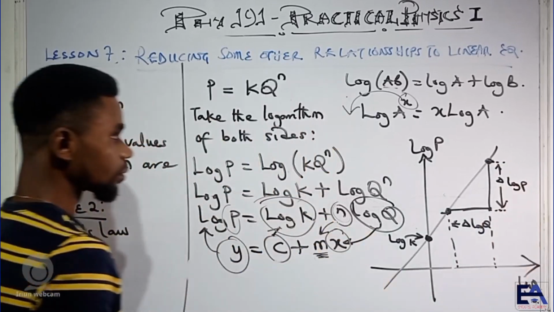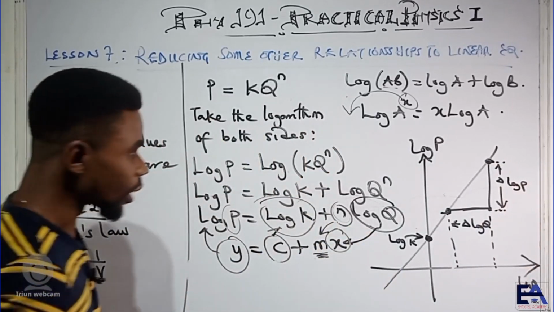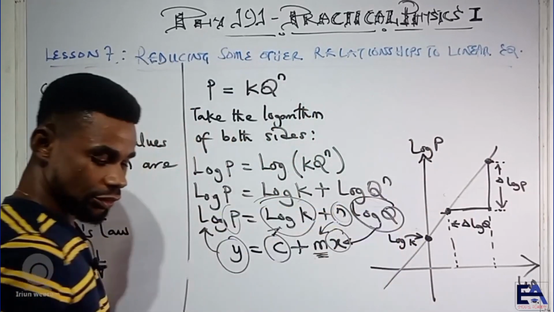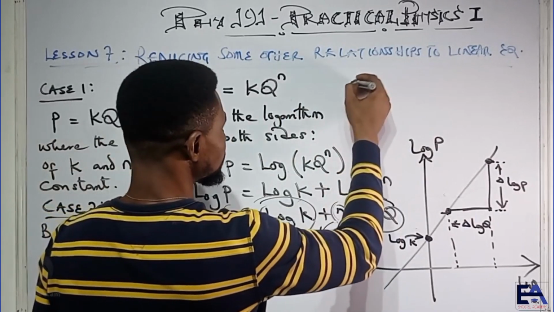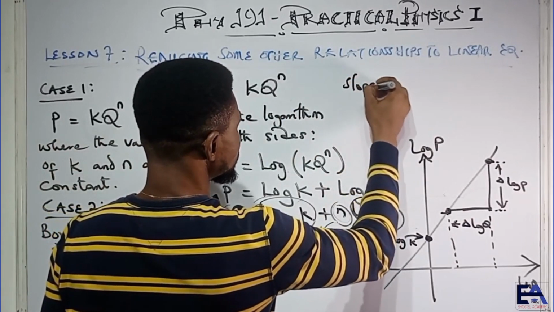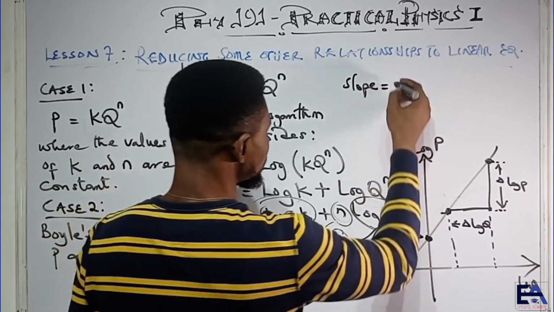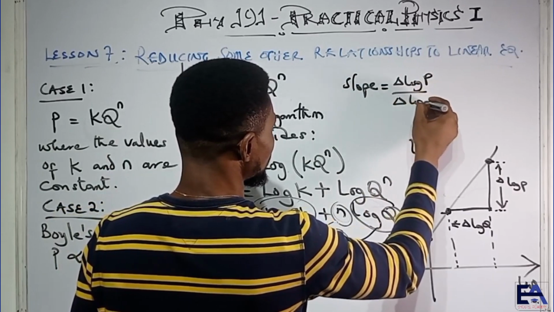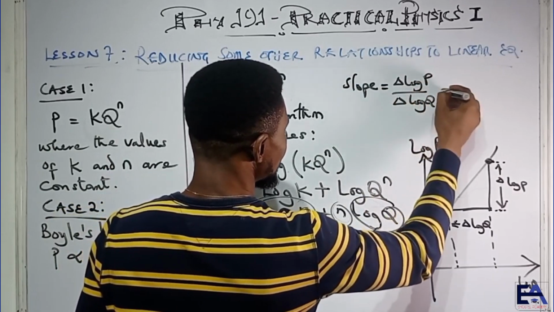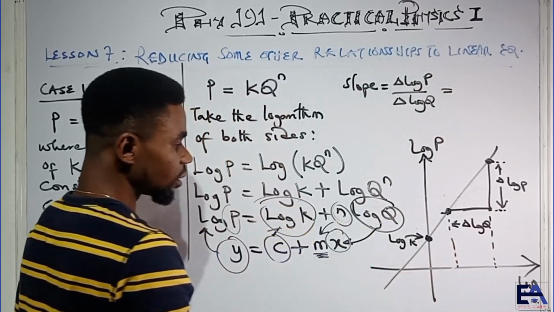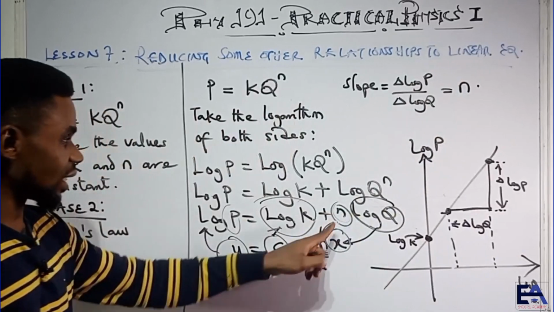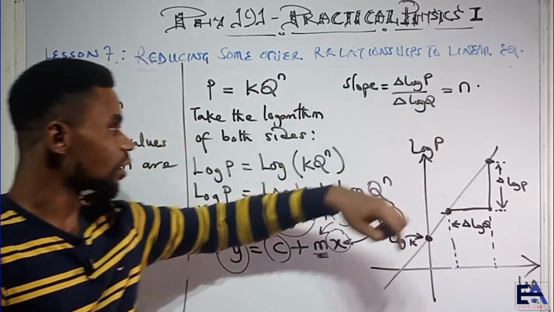As usual, the slope is going to be equal to the change in log p divided by the change in log q, and it is equivalent to n. It means the n here stands as the slope of the graph.